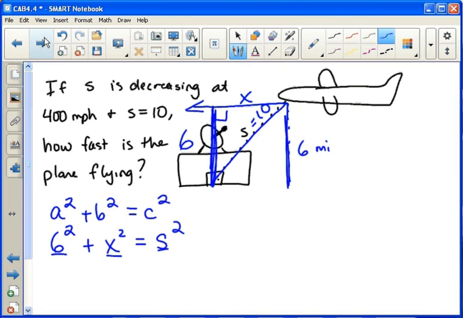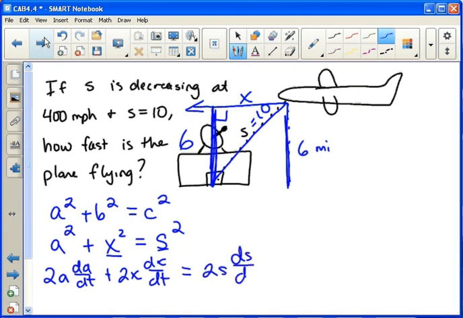Alright, so when we take the derivative of these, we get 2a dA over dt plus 2x dx over dt equals 2s ds over dt. And the variable we're trying to solve for is dx over dt. That is the speed at which the plane is actually moving because it's the speed at which this distance is changing.